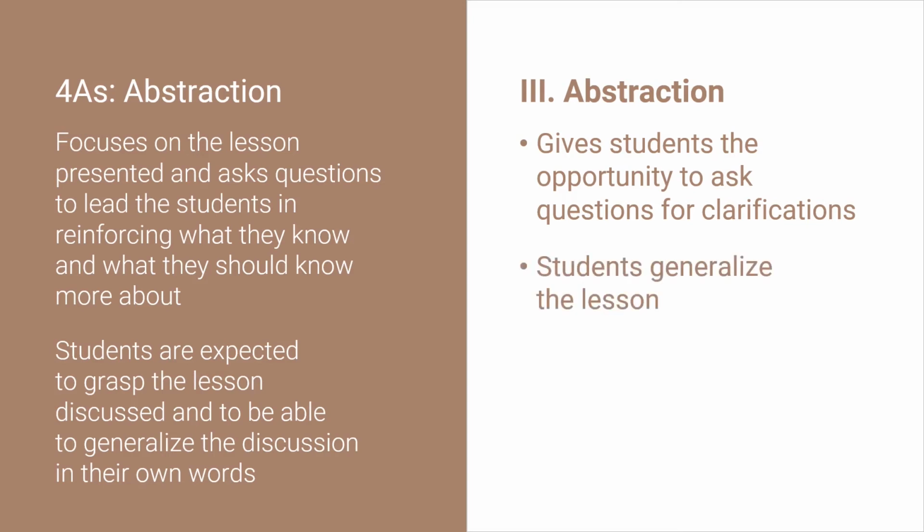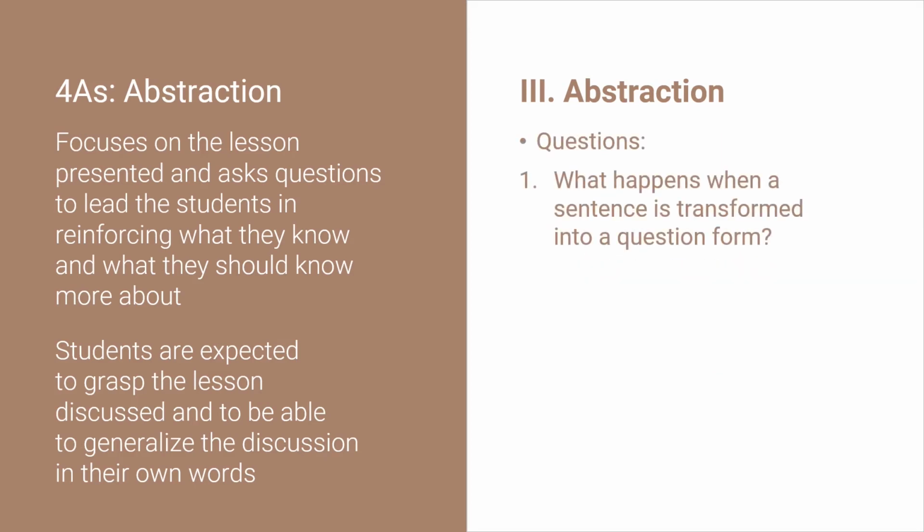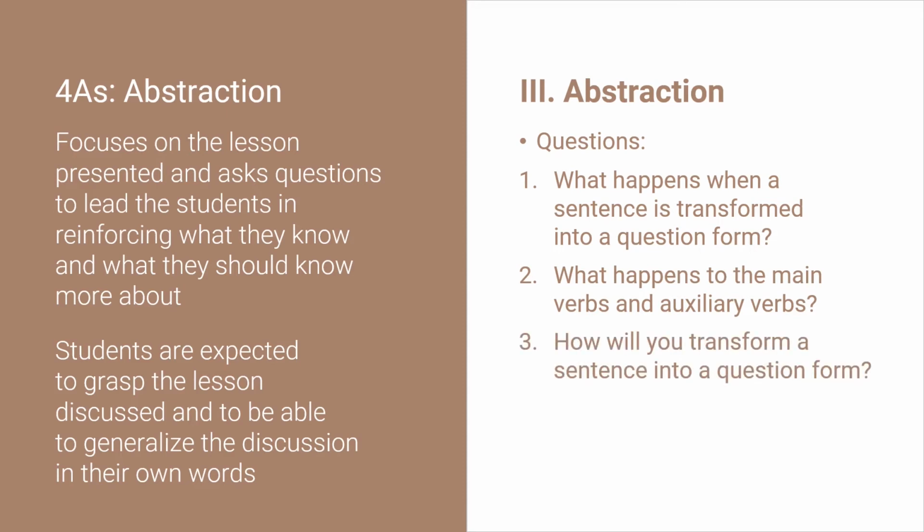Students generalize the lesson. Asks guide questions. Questions. 1. What happens when a sentence is transformed into a question form? 2. What happens to the main verbs and auxiliary verbs? 3. How will you transform a sentence into a question form? Guides the students to come up with the right conclusions.